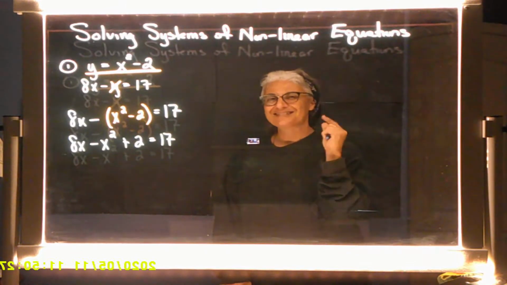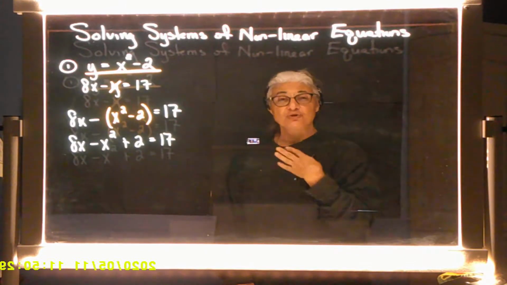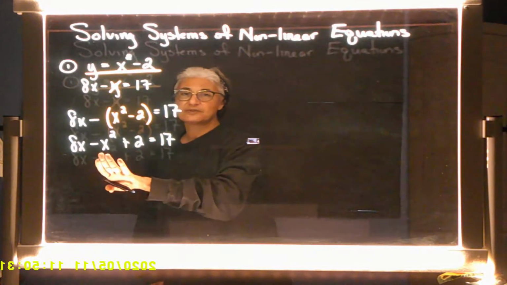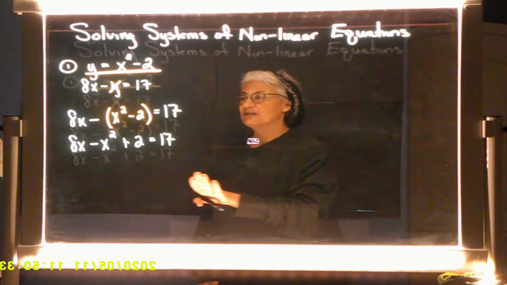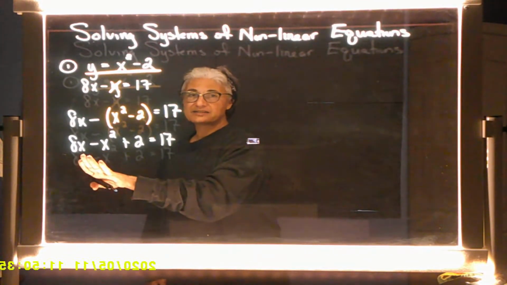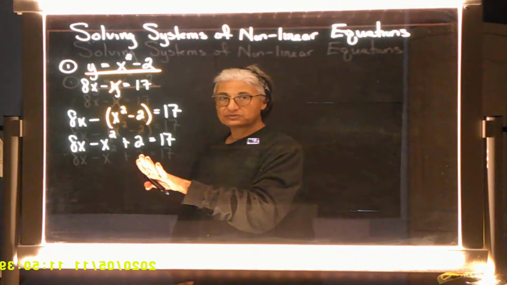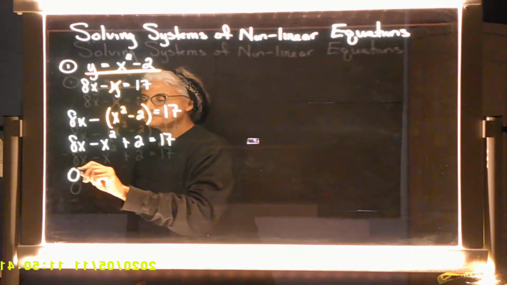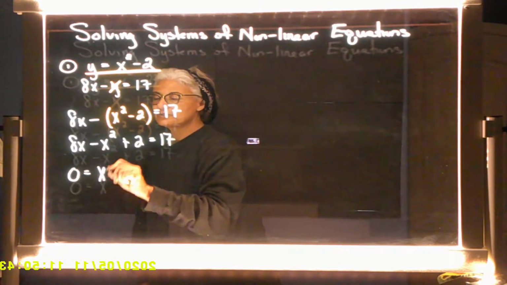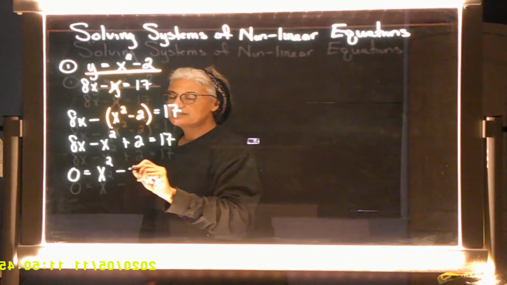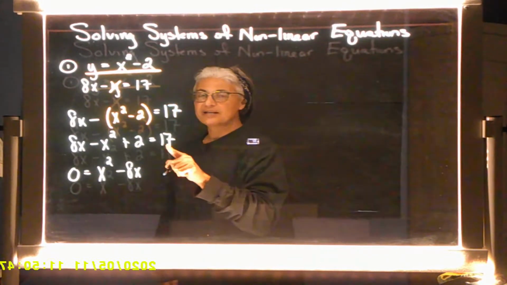It's one less negative sign to deal with. So me personally, I'm going to take everything from the left and move it to the right, which means I subtract the 8x, I add the x squared, and I minus the 2. So I added the x squared, I subtracted the 8x, and I minus the 2.